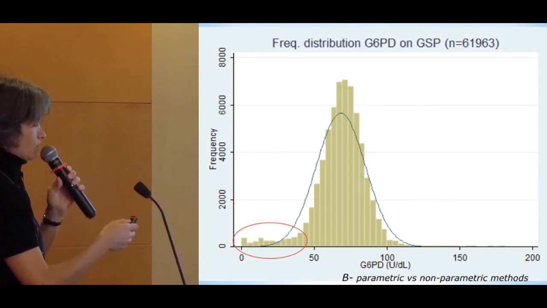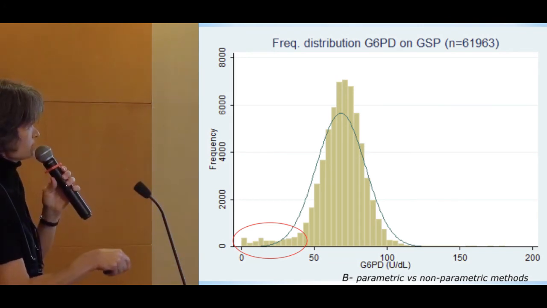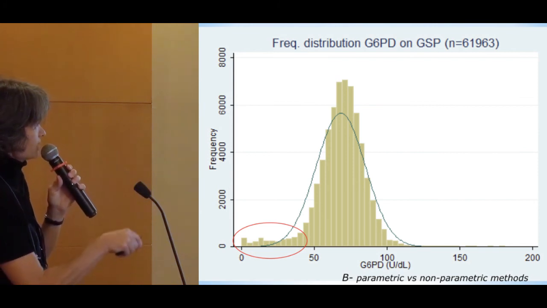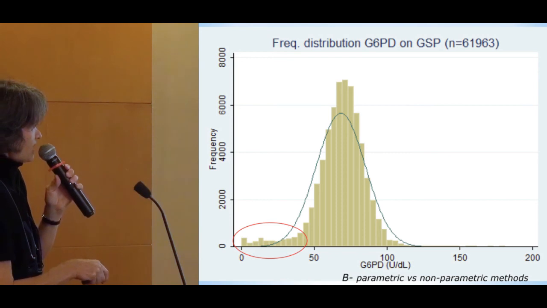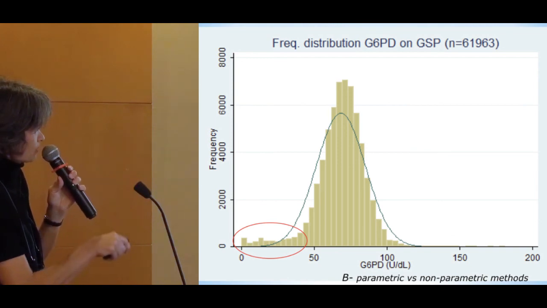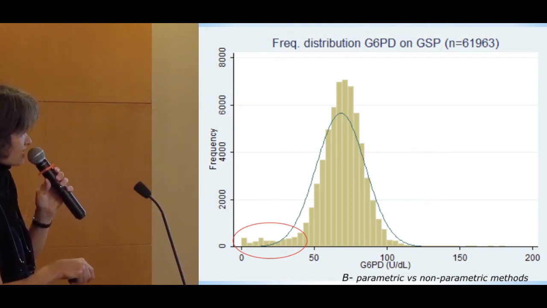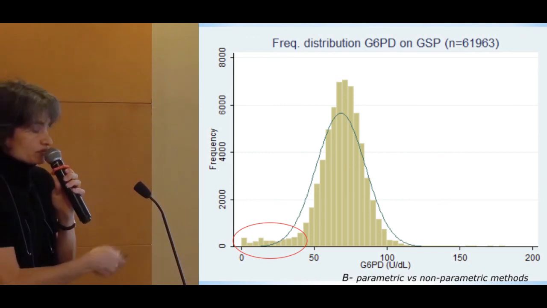Okay, when you dose your 2,000 samples, you end up having something very much similar to this. Again, we are quite unlucky because see the tail of the distribution in the general population overlaps exactly the range where we look for deficiency.